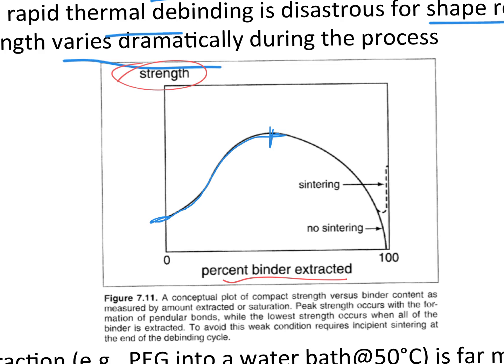It's the same particles. What have we maximized? Exactly. So we made the capillary forces as strong as we can possibly make them. So it's strong because capillary forces are making it strong. All right, so we know it is the pendulum state, it's not the funicular or saturated state.